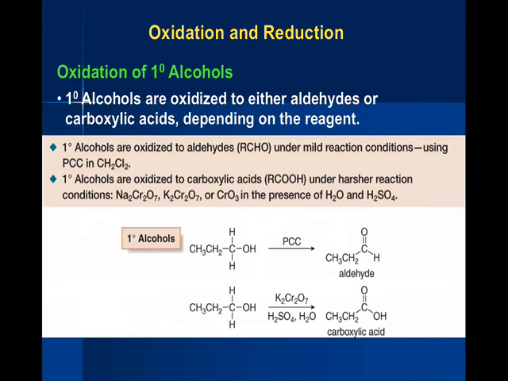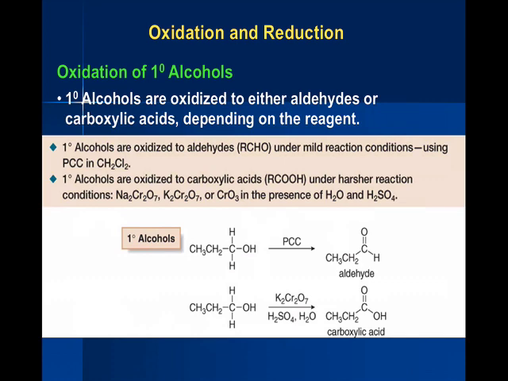What you need to know is that when we have a chromium reagent in the presence of sulfuric acid and water, this has a name associated with it. We call it Jones reagent. If you were to come down to my lab, we have a bottle that's just labeled Jones reagent. It contains a mixture of chromium trioxide, sulfuric acid, and water. It could have just as equally contained potassium dichromate or sodium dichromate.